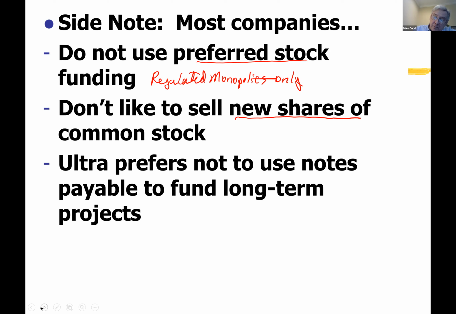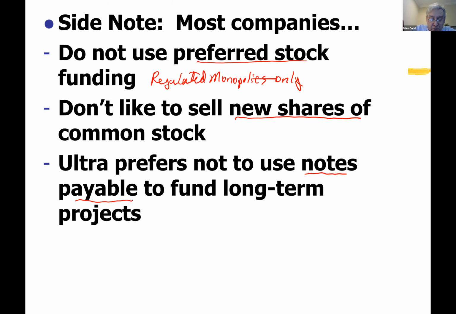Now, your author is going to suggest that some companies even use notes payable as capital. But that's a short-term source, so we're going to stay away from that. We're going to assume Ultra also doesn't like to mismatch maturities.